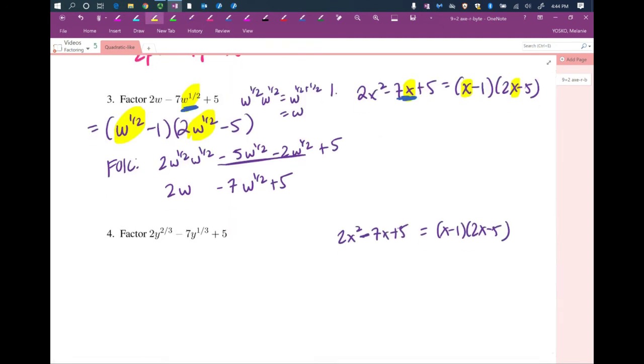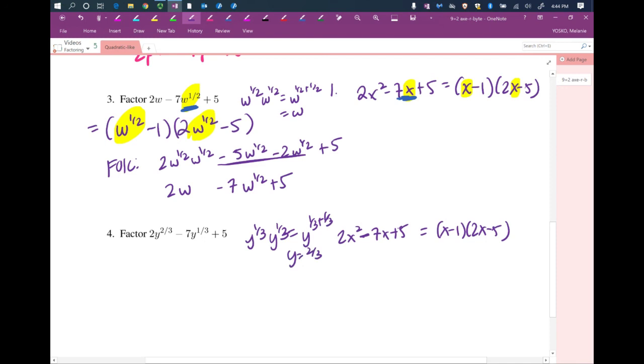Okay, so you see here, very similar, 2 and a negative 7 and a positive 5, right? And the powers of y start out big and go smaller and smaller, descending order. Check the variable in the second term. We have y to the 1/3 in the second term. If you multiply it by itself, y to the 1/3 times y to the 1/3, we get y to the 1/3 plus 1/3, which is y to the 2/3.